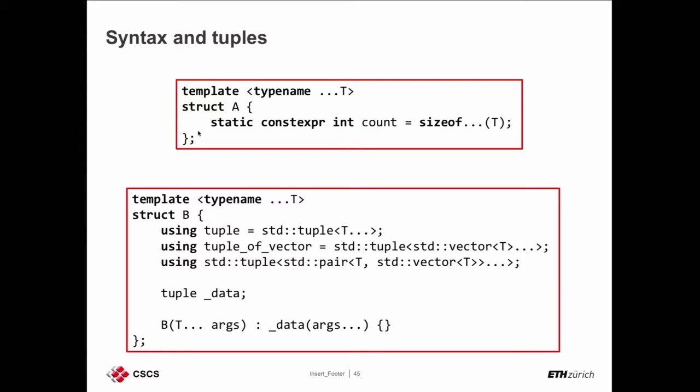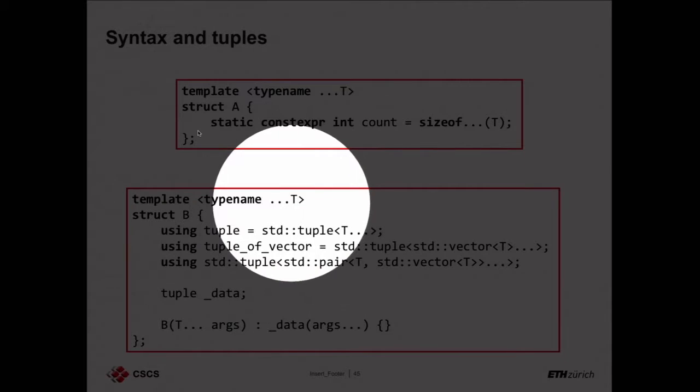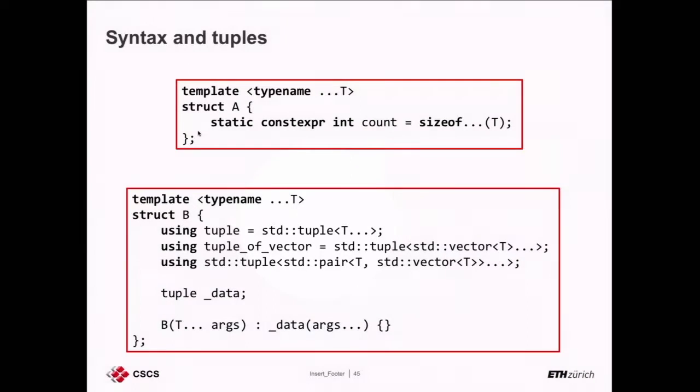So I have a tuple that contains an integer, a float, and a char, and then I can store values at runtime on this tuple and get those values back. It's very useful. And what you can do here is I take a sequence of types and I instantiate a tuple with all those types.